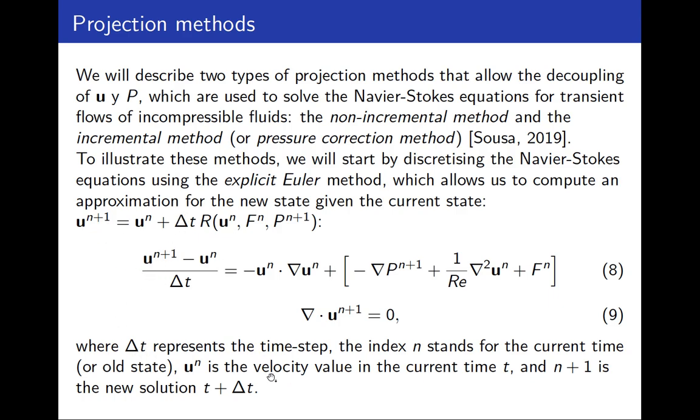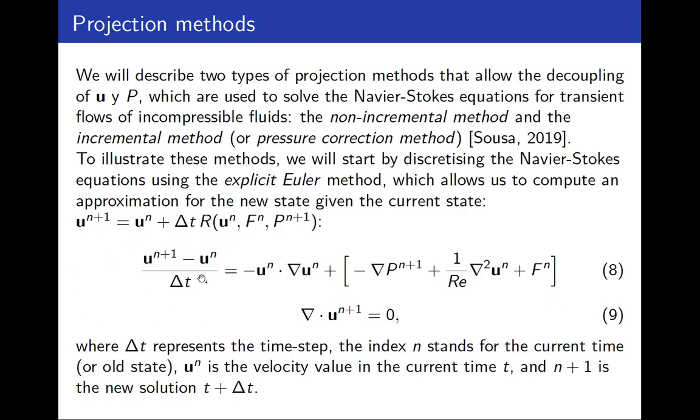Let me define some variables and constants. We will be interested in solving the transient behavior of a fluid using the Navier-Stokes equations. I'm going to use delta t, which represents the time step. The index n will stand for the current time, or the old state. The velocity with index n is the velocity value at the current time t, and n plus 1 is the new solution, at t plus delta t.